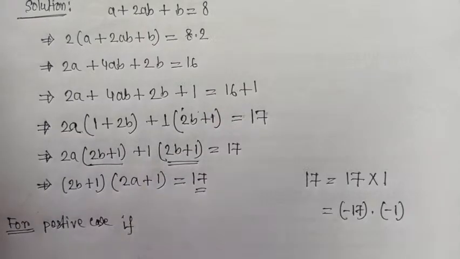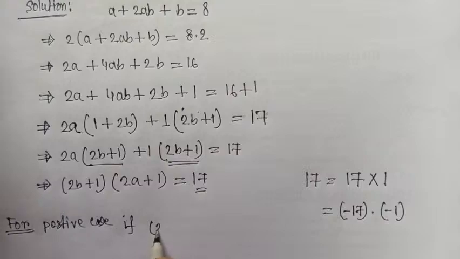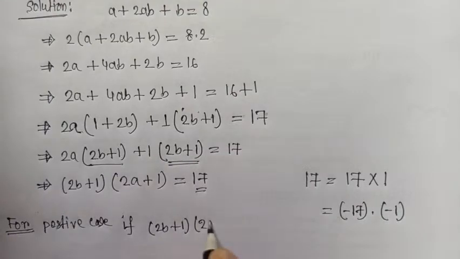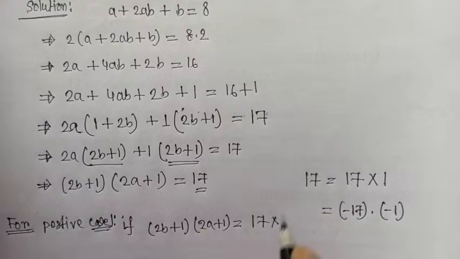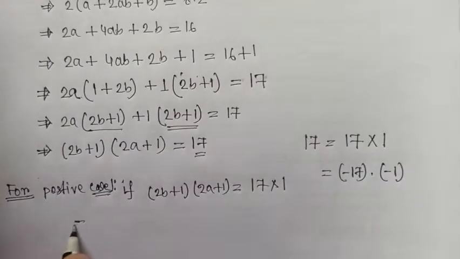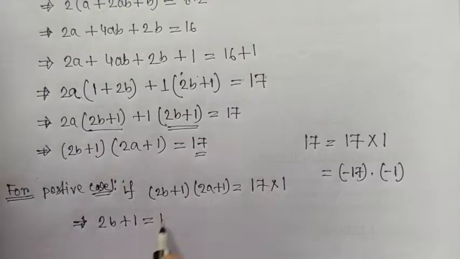If 2a plus 1 is equal to 17 into 1, then we consider 2b plus 1 is equal to 17.